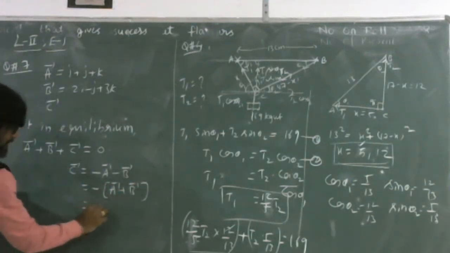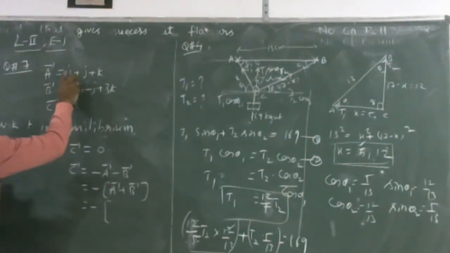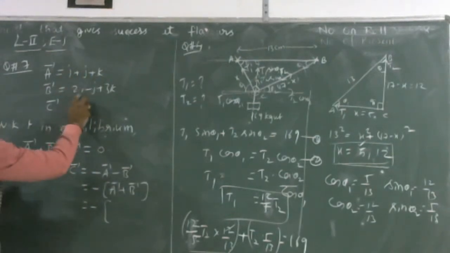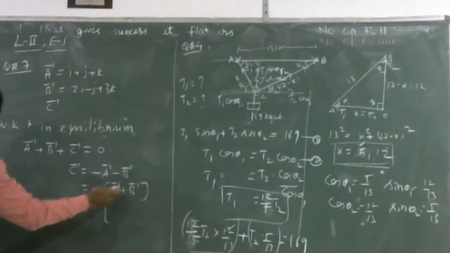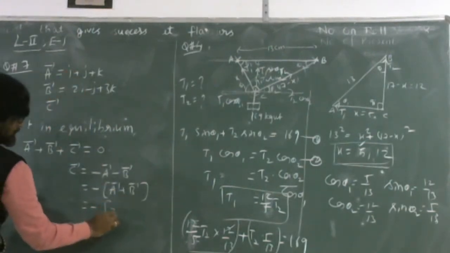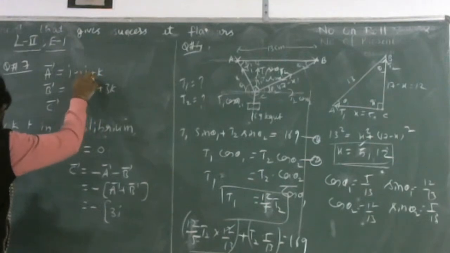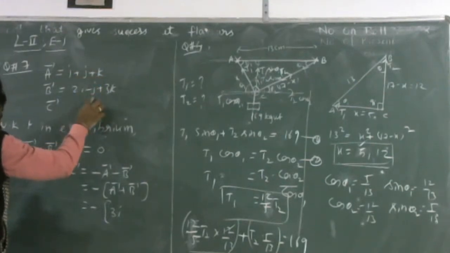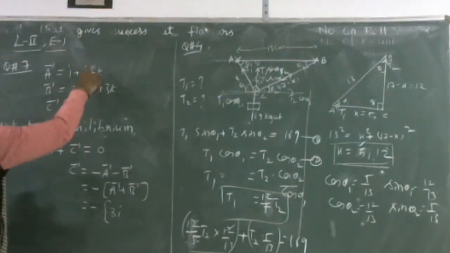So it is minus of A, which is I plus J plus K, plus B, which is 2I minus J plus 3K. To add, the I components, J components, K components are added directly. I plus 2I is 3I. Plus J minus J cancels.